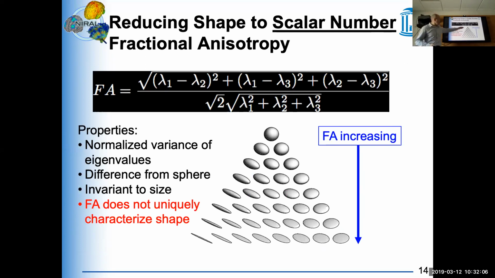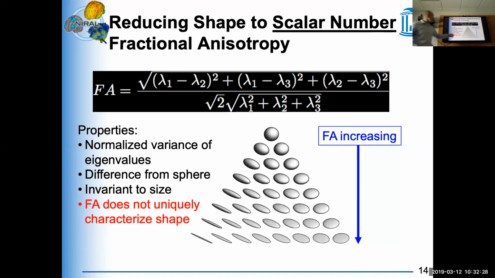Now, with increasing FA, the shape gets more and more different between the eigenvalues, but it's non-unique. Each one of these lines represents the same FA, but obviously the shape is not the same. So keep in mind that FA is not unique to a given tensor shape when you're interpreting FA images or FA values.